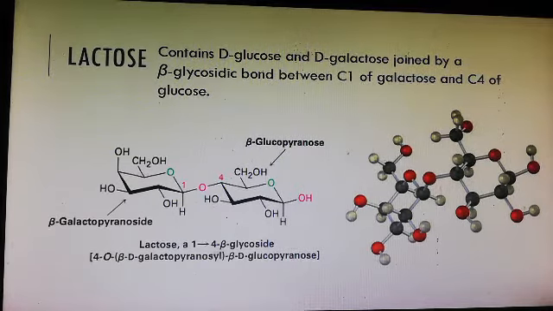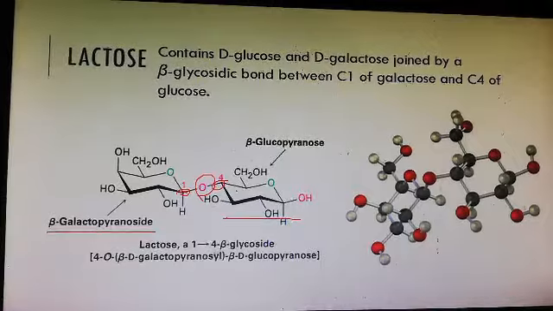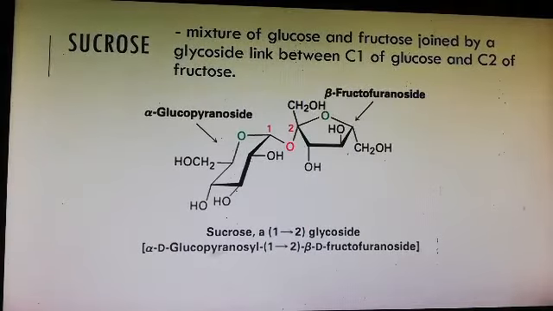So, ito yung ating glucose at ang ating galactose. At ito yung beta-glycosidic bond between the first carbon ng ating galactose and the fourth carbon of glucose. So that's lactose.